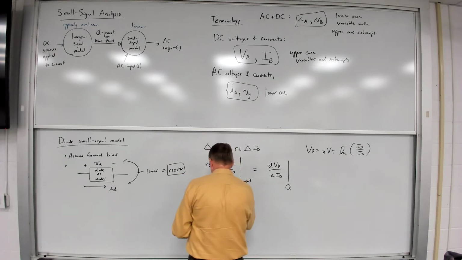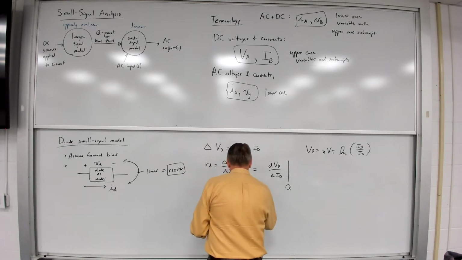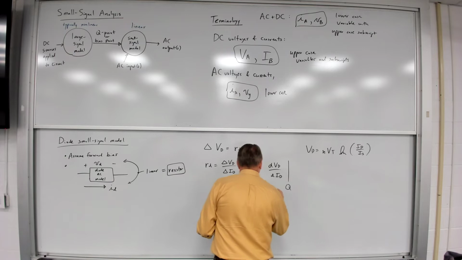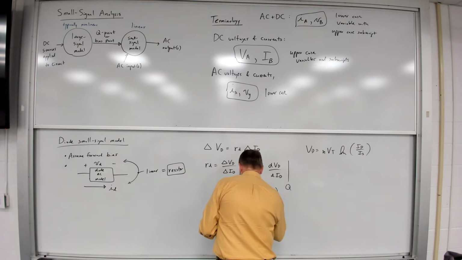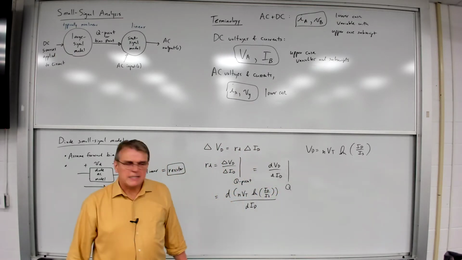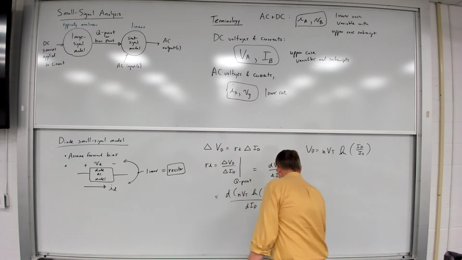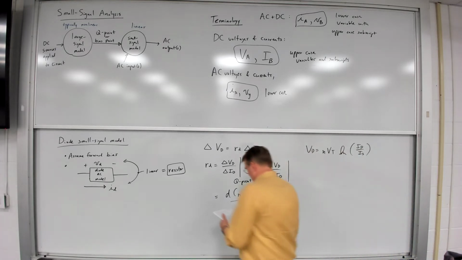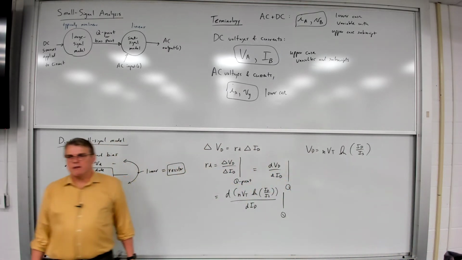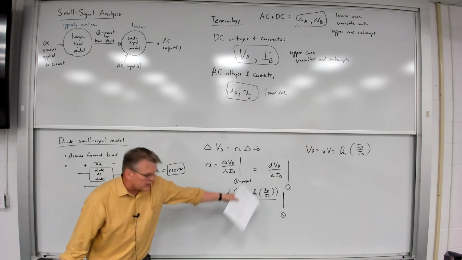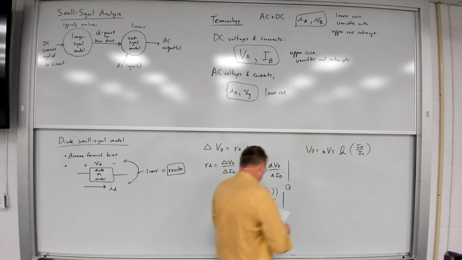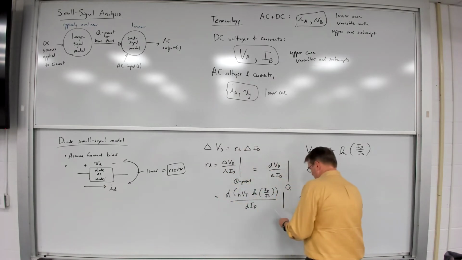So this will be equal to the derivative of N times VT times the natural log of ID over IS with respect to ID, again evaluated at whatever Q point we're going to use. If I do this derivative, we'll have to split it up into 2 logs and then take the derivatives of the 2 logs. But if we do that, I'm going to skip the math, we'll get the following. We'll get it's equal to this.